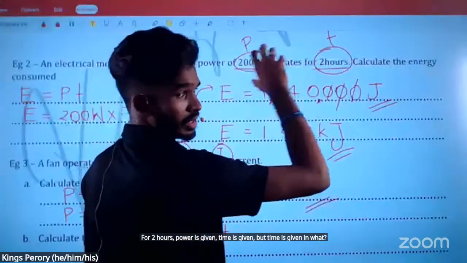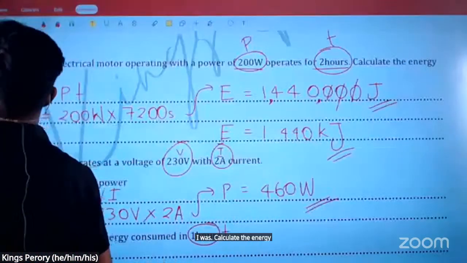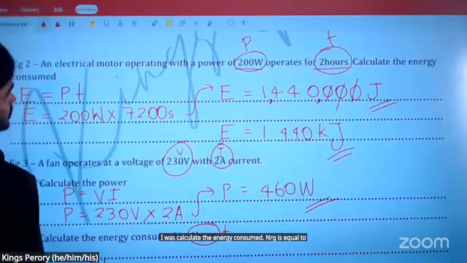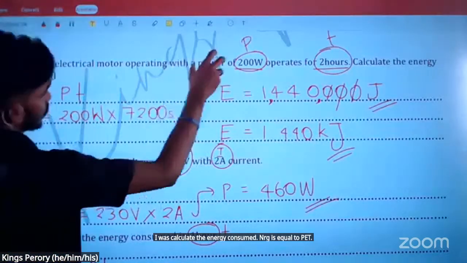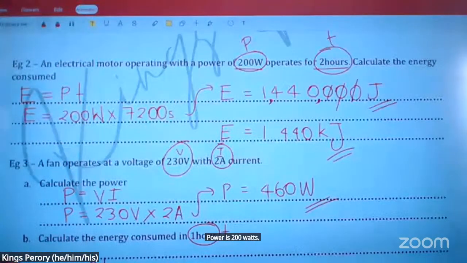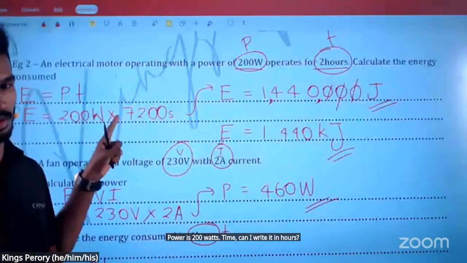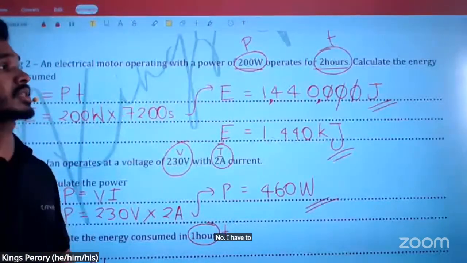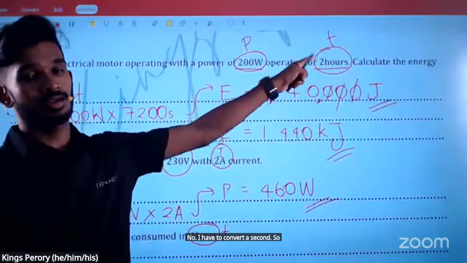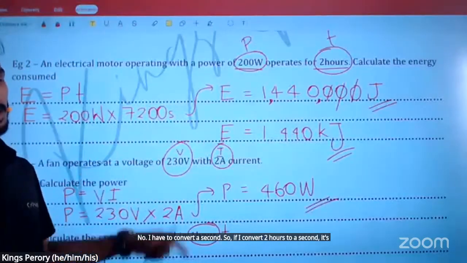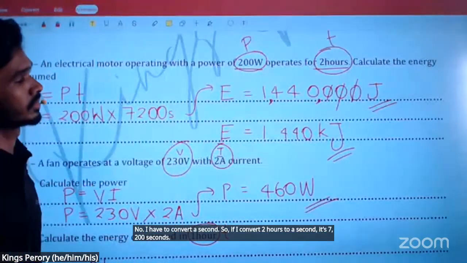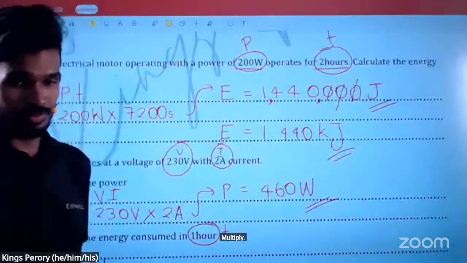Hours. Calculate the energy consumed. Energy is equal to PT. Power is 200 watt. Time, can I write it in hours? No. I have to convert to seconds. So if I convert 2 hours to seconds, it's 7,200 seconds. Now multiply to get this answer.